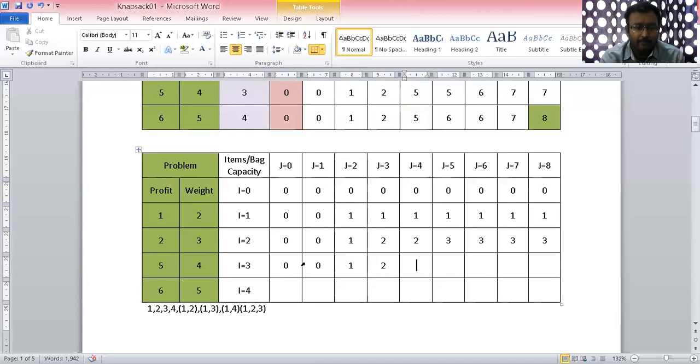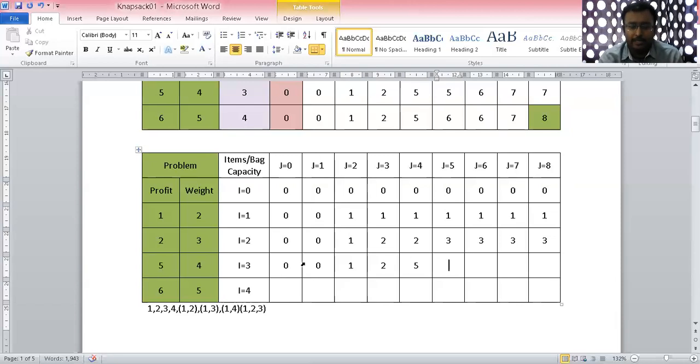Moving on to j is equal to 4. Now if I see from my choice, item number 3 has a weight of 4 and it has a profit of 5. That is more than the profit which I have previously. So I am going to add item number 3 and the profit is 5.